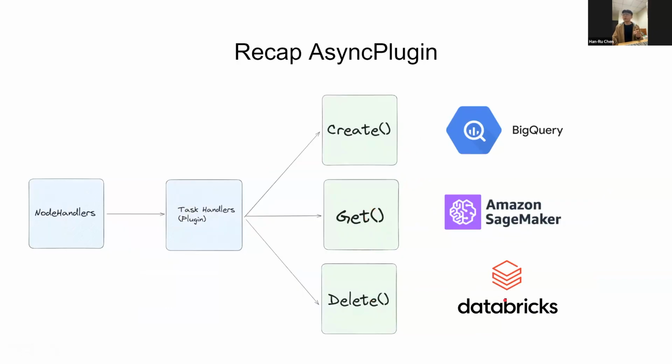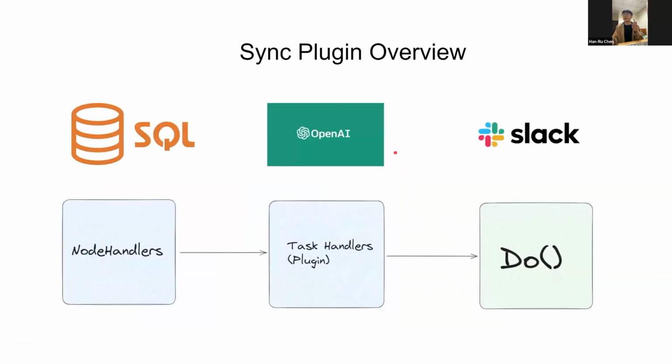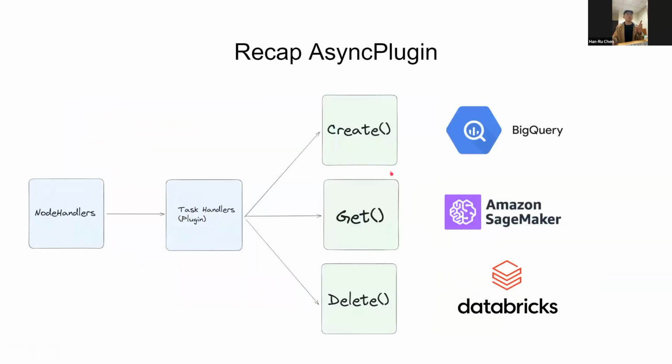Take Databricks for example. When running a Databricks Spark job through a plugin, we create the job using the create function and get the job ID. We continuously use the job ID to get the status of the Databricks job and wait until it reaches a terminal state, which can be succeeded or failure. Asynchronous plugins are really born for long-running job cases like BigQuery, Amazon SageMaker, or Databricks.